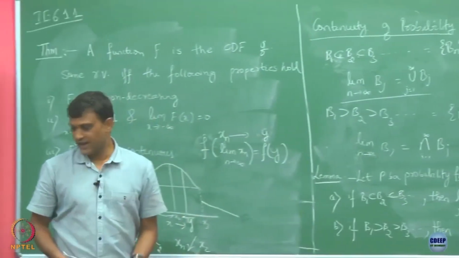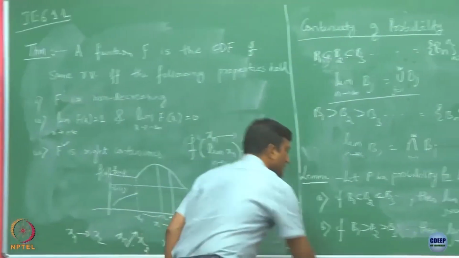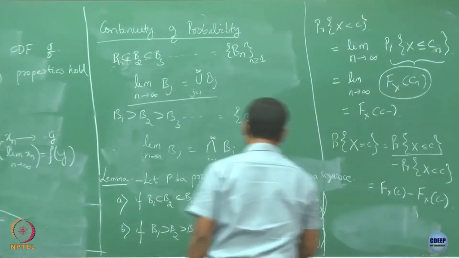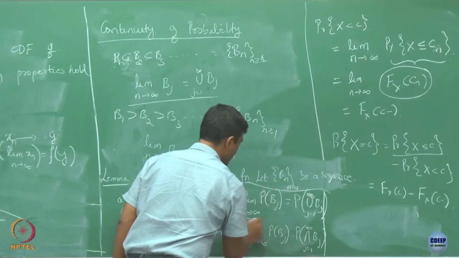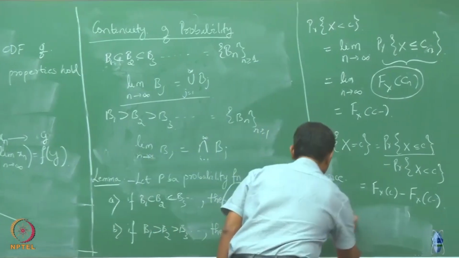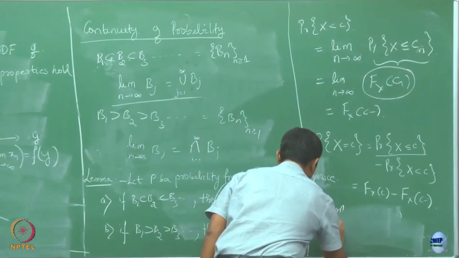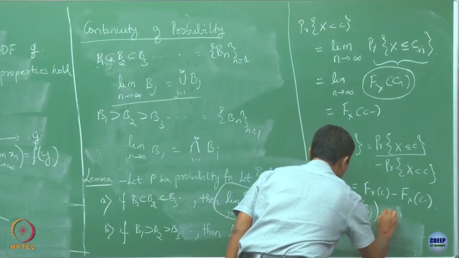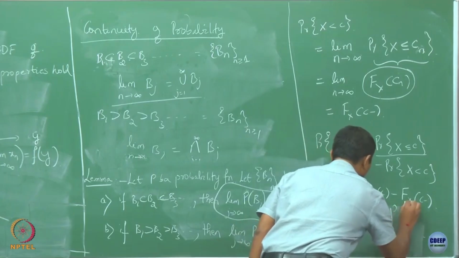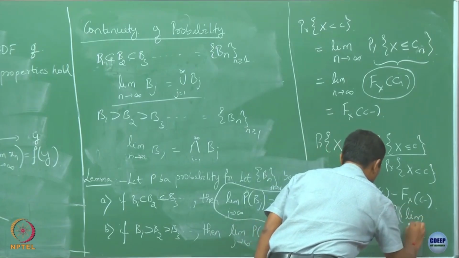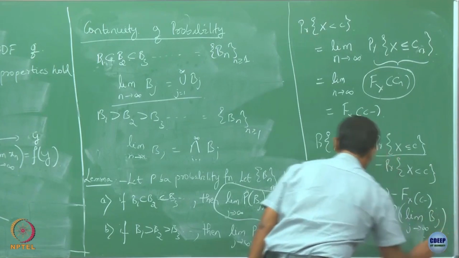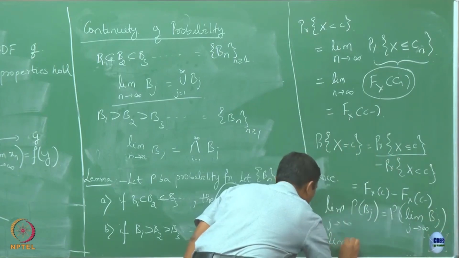So in a way, what we have said here is, the other way of writing this is: the limit as j tends to infinity of P(Bj) equals the probability of the limit as j tends to infinity of Bj.